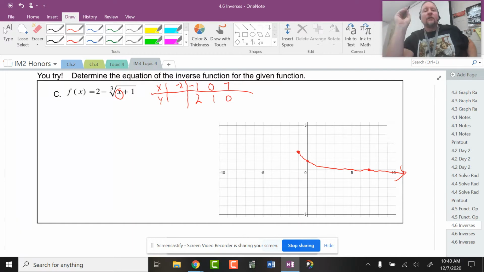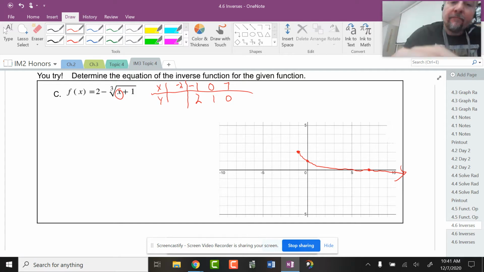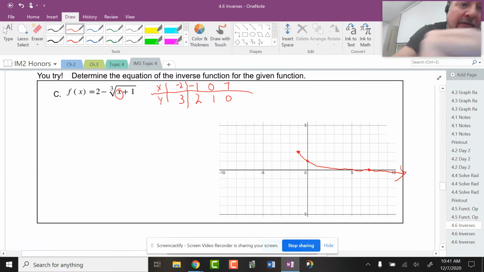It's negative 1. What's 2 minus negative 1? Oh, 3. Minus a negative turns into a positive. Okay. And then not negative 7, but what gets me a perfect cube?